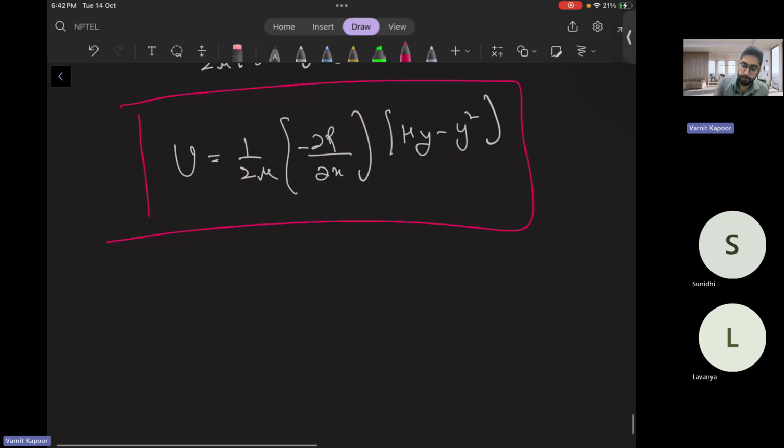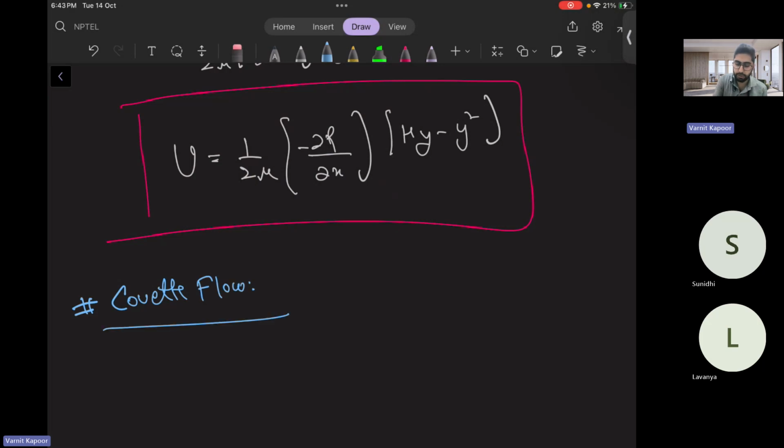The other case is Couette flow, where you have relative motion between the plates. So let us say the base plate is fixed and the above plate is moving because of the velocity of the fluid itself.